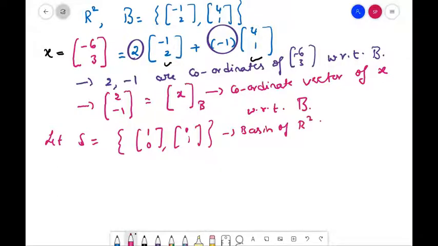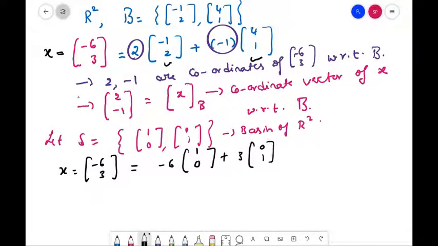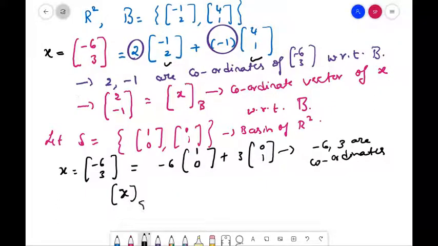Then the same x, that is (minus 6, 3), I can write as minus 6 times (1, 0) plus 3 times (0, 1). Then here, what are the coordinates? Minus 6, comma 3 are the coordinates, and the coordinate vector of x with respect to the basis S is (minus 6, 3).